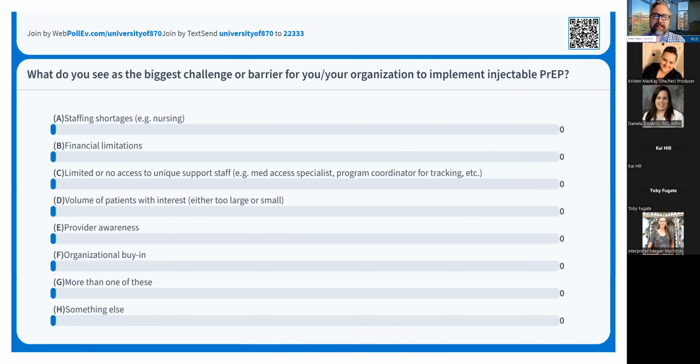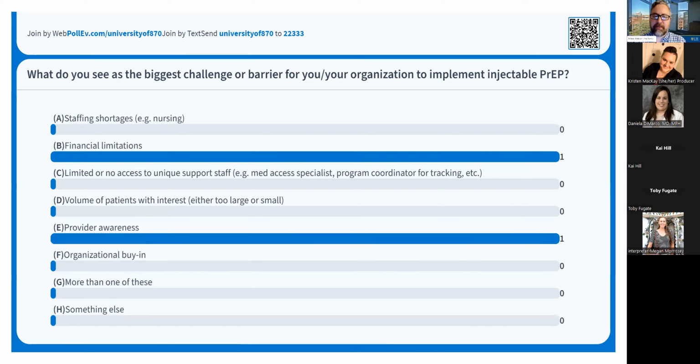All right, what would you say is the biggest challenge or barrier, for you or your organization in implementing injectable PrEP?